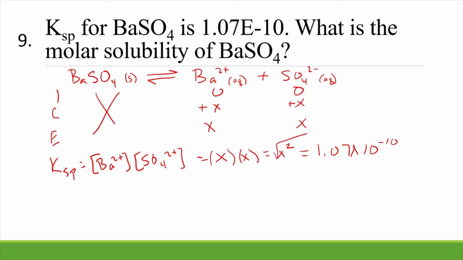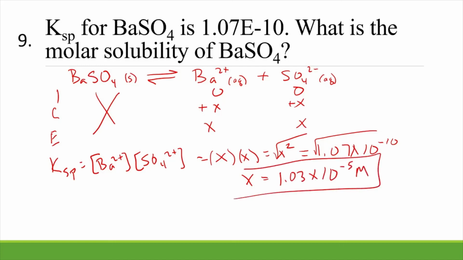Take the square root, and you get that X, which is going to equal the concentration of barium and the concentration of sulfate, which is our molar solubility, is 1.03 times 10 to the negative 5th molar. This would be more like a multiple choice question. I don't usually give that many math problems on the multiple choice part of an exam, but something that's really quick like this might be something I would do.